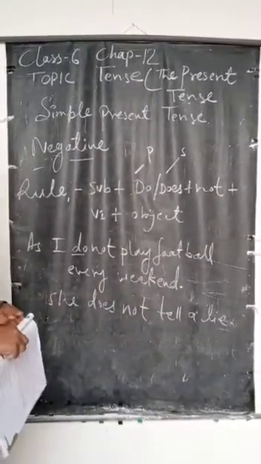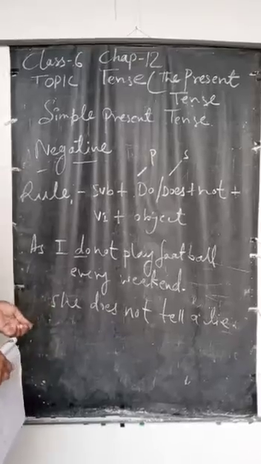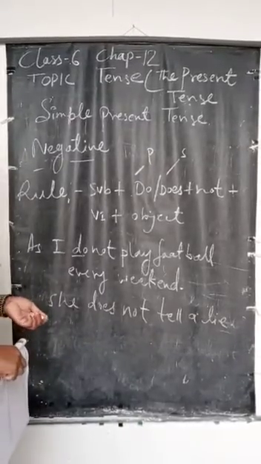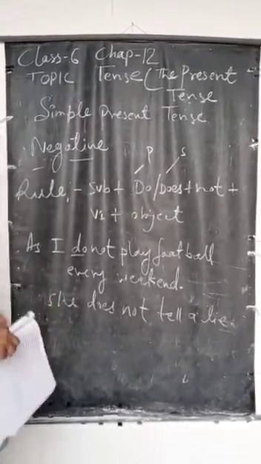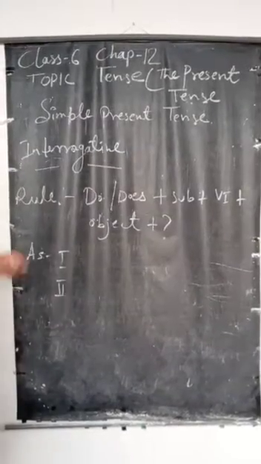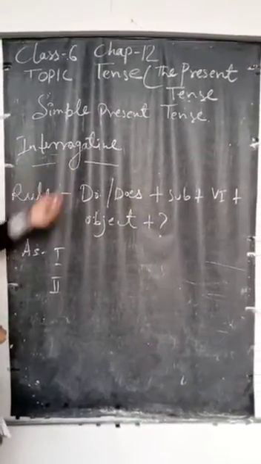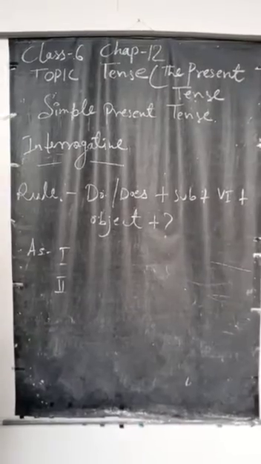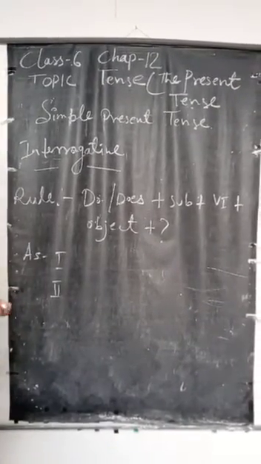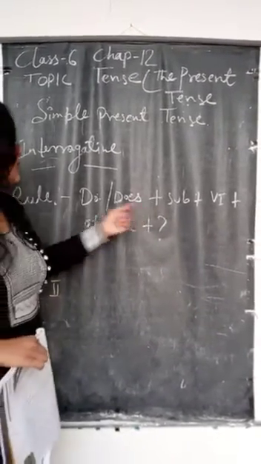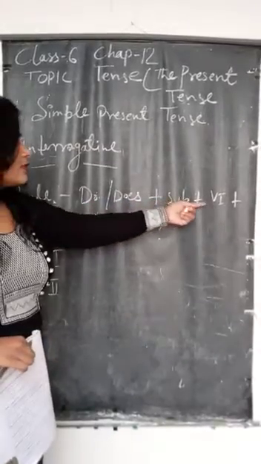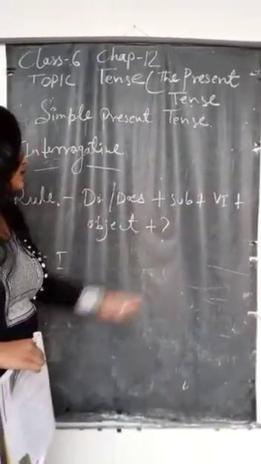So see the next rule, the simple present tense in interrogative form. Here is the formation of the interrogative sentence. The rule is do or does plus subject plus first form of verb plus object plus question mark.